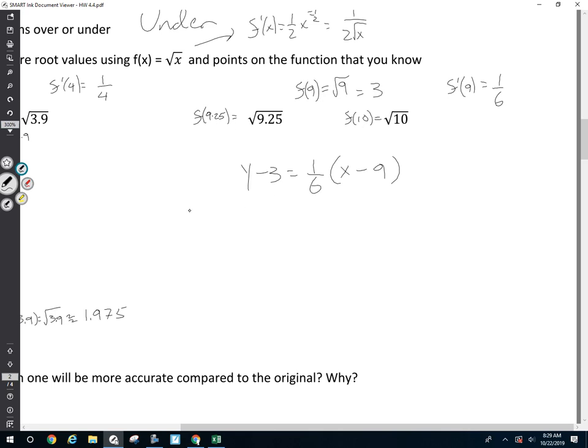So let's do it. F of 9.25 will be approximately, plug that in for y, add 3, plug 9.25 in for x, not root 9.25, 1/6 times 9.25 minus 9 plus 3, which is 1/6 times 0.25. I'm going to change this into 1/4. It'll be easier for me to do.